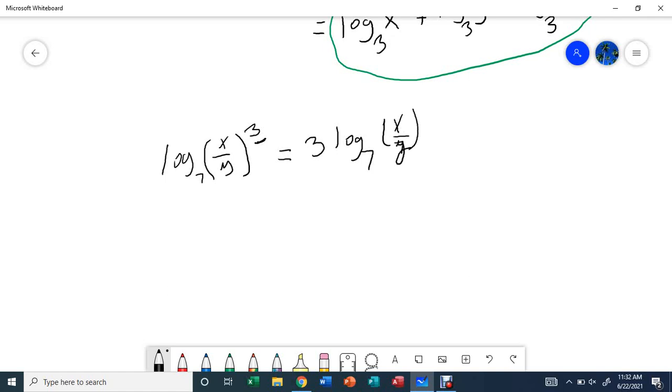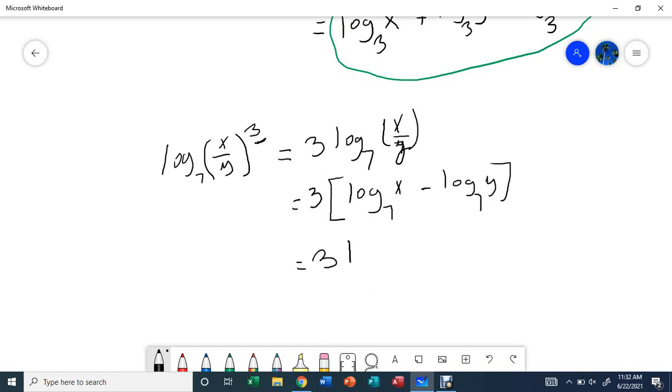And then we're going to use the quotient rule. So just leave 3 alone and use the quotient rule here. So it's going to be log base 7 of x minus log base 7 of y. And you can of course distribute the 3.